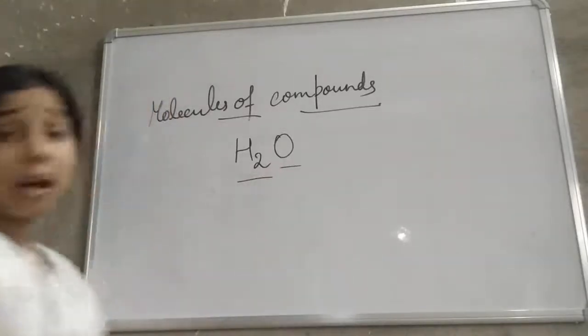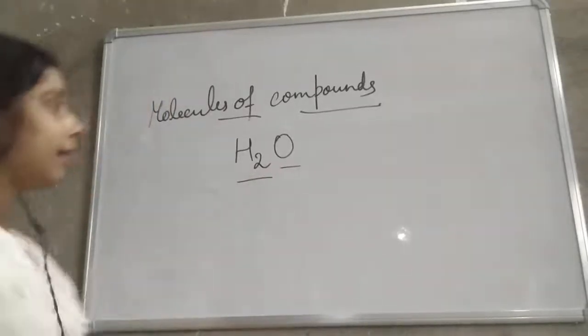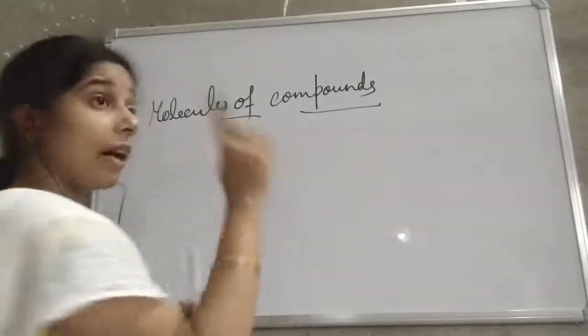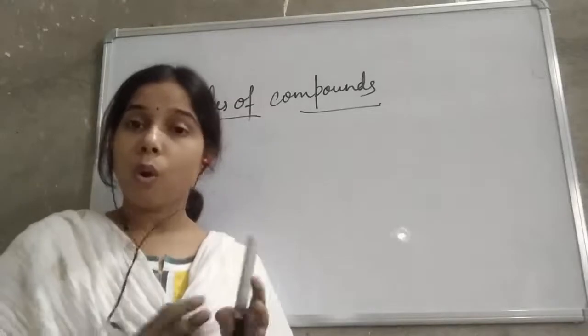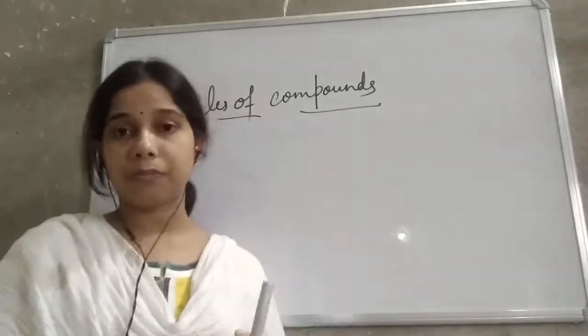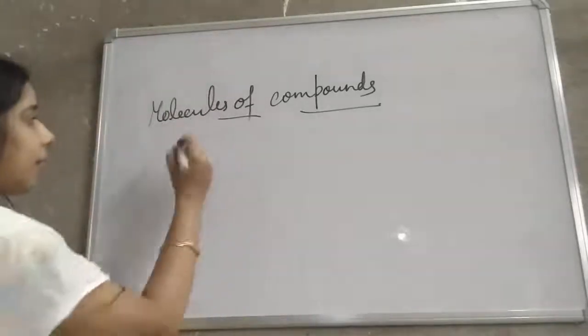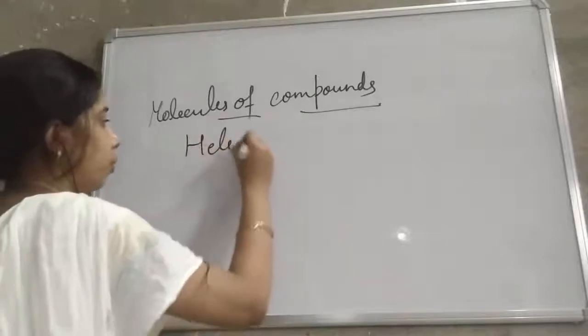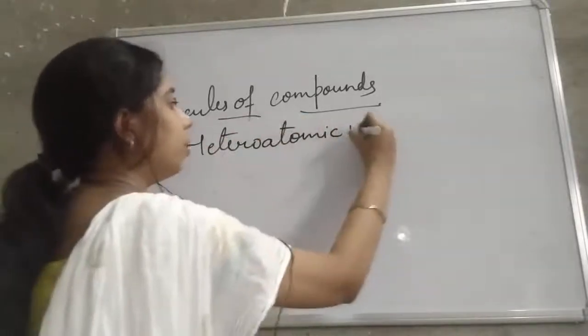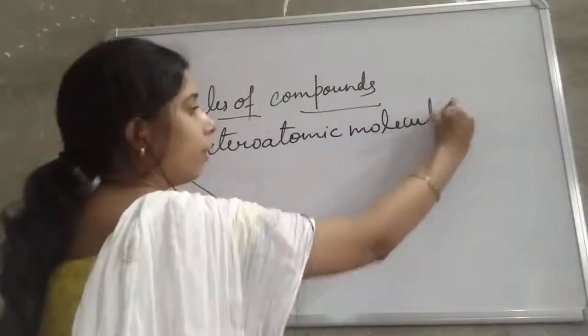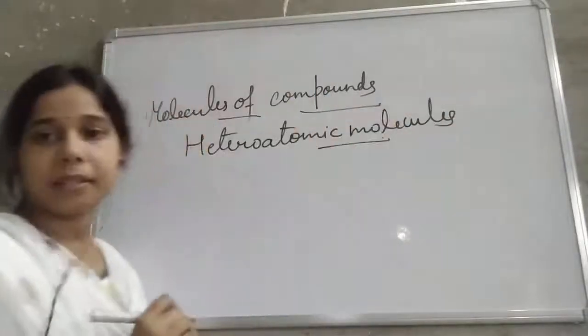We use another term for it. For the molecules of the element, we use the term homoatomic molecule. Here we use the term heteroatomic molecule. By this you will be able to understand it very easily.